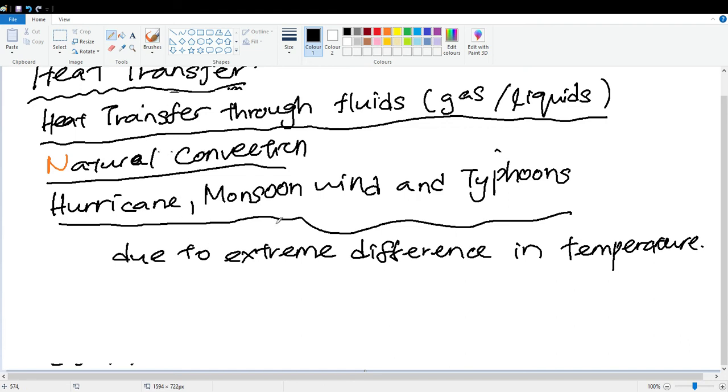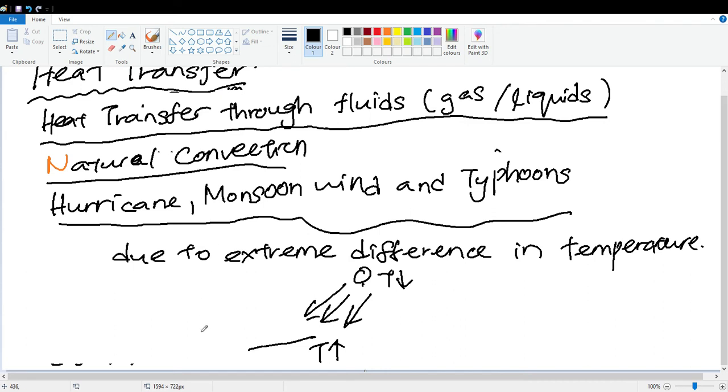So due to the expanding of the hot air, like the sea breeze as we discussed from the previous parts, so due to the extreme high temperature of the ground and the cold temperature of the wind of the sky, this will actually cause the hurricane or the monsoon wind or the typhoons, in which the wind will blow up in order to occupy the partial vacuums.